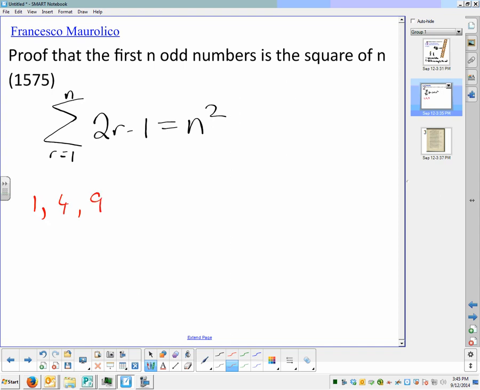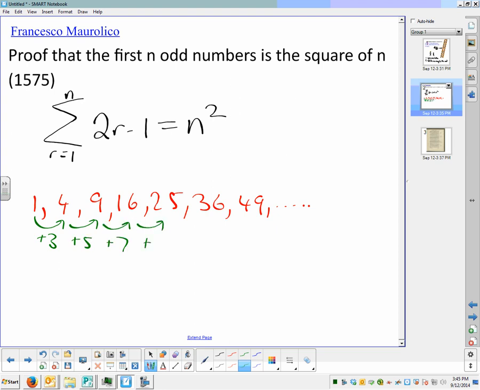If you write the square numbers out, then you see it comes by adding 3, adding 5, adding 7, but I don't think we've ever sat down and explicitly proved it.